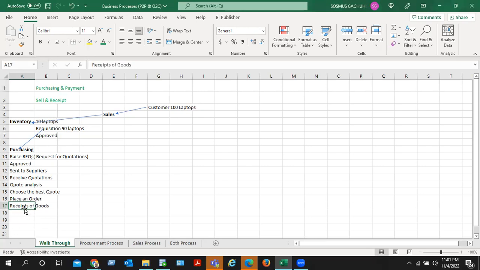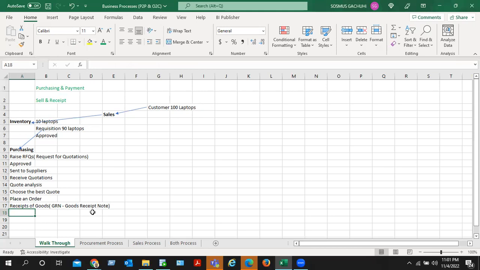So once the goods have been received, we usually create a document called GRN. GRN means goods receipt note.